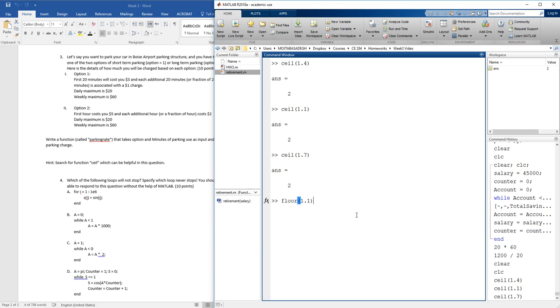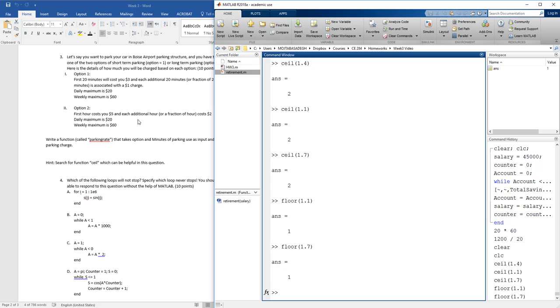If you put 1.1, you'll get a 1. Floor of 1.7 is again 1. So see the difference between ceil and floor and rounding. Basically, if this is 1.5 or above, it goes to 2. If this is below 1.5, it goes to 1. But ceil and floor are different. Ceil goes to the next one, floor goes to the previous one in terms of integer values.